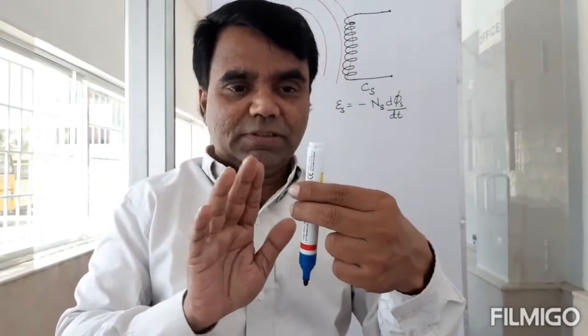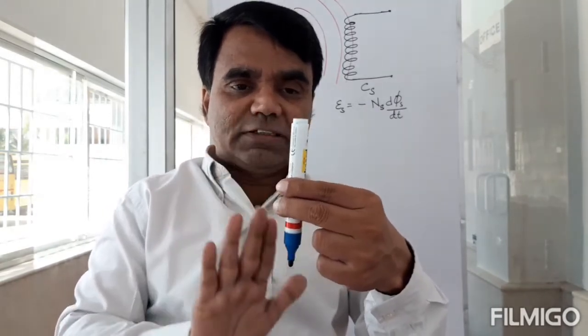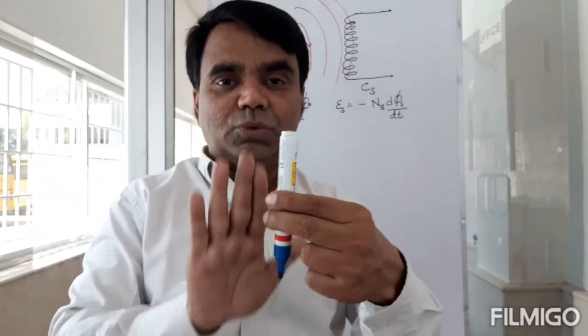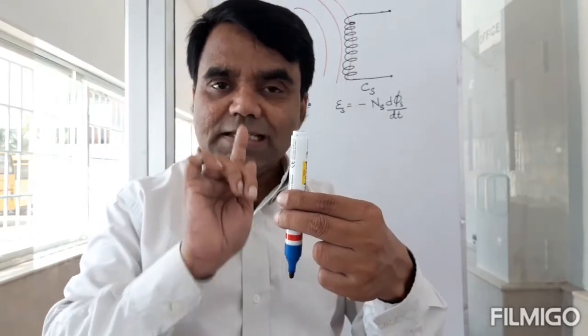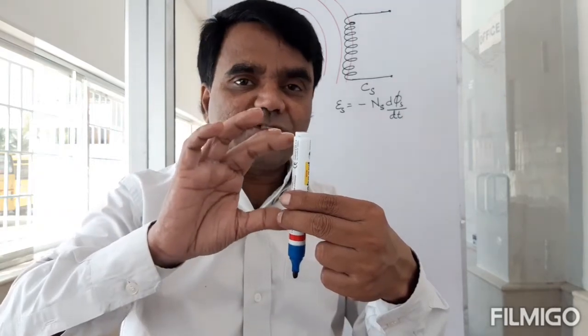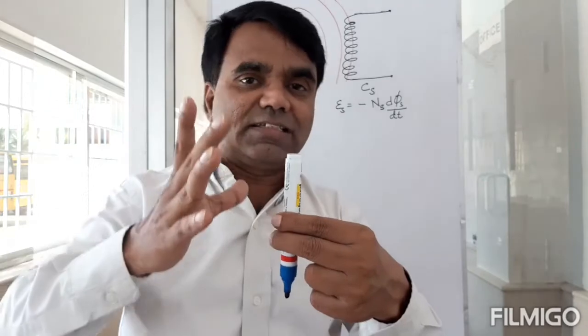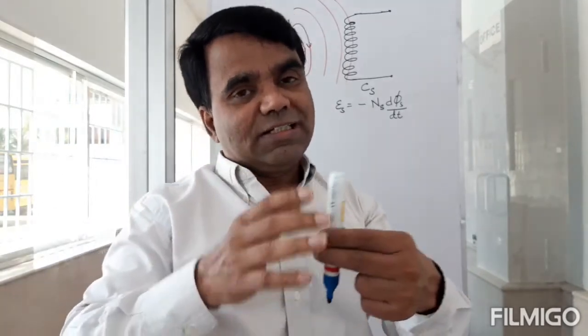Two things will happen. One, this provides a path for the flux to go through. Second, because I have a soft iron core, the field will be increased. Like if you have an infinite solenoid, then what is the field strength?